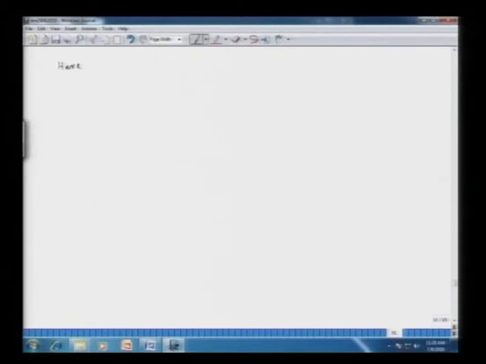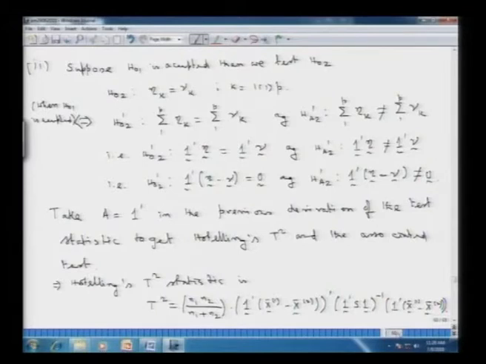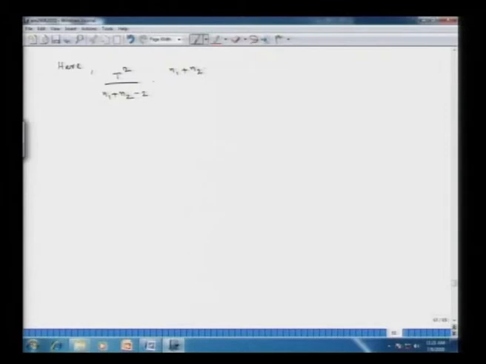Now, here what we will be having is t square divided by n1 plus n2 minus 2. What we had was n1 plus n2 minus m, so we will have the same term here. What is m here? m minus 1 is nothing but 1 here, so this is n1 plus n2 minus 2, divided by 1.